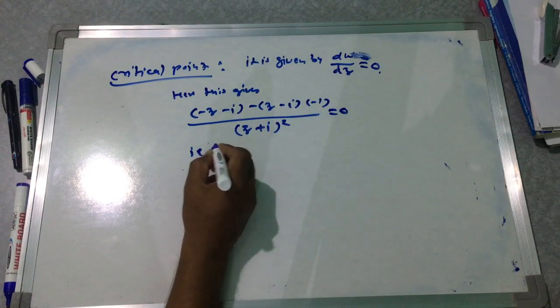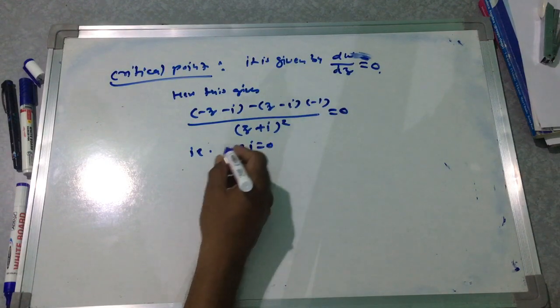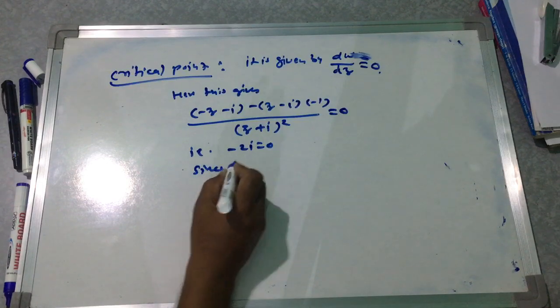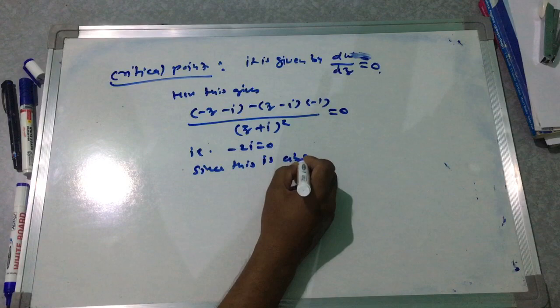That is minus 2I is equal to 0. But this is absurd.